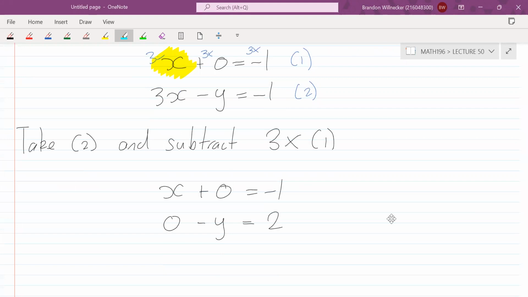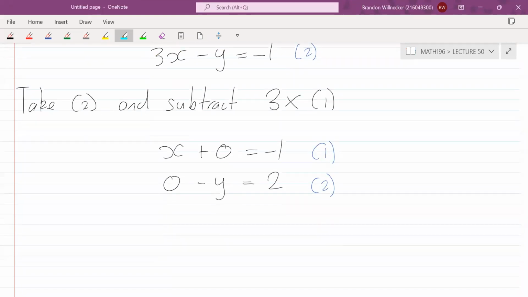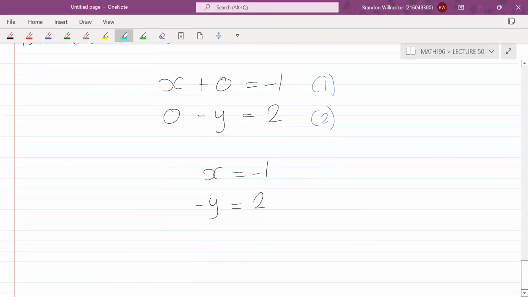Okay. So is everyone okay with that? So we took equation 2 and we subtracted 3 times equation 1. And we get these 2 new equations. Okay, so let's get rid of those zeros. So we get x is equal to minus 1, minus y is equal to 2.